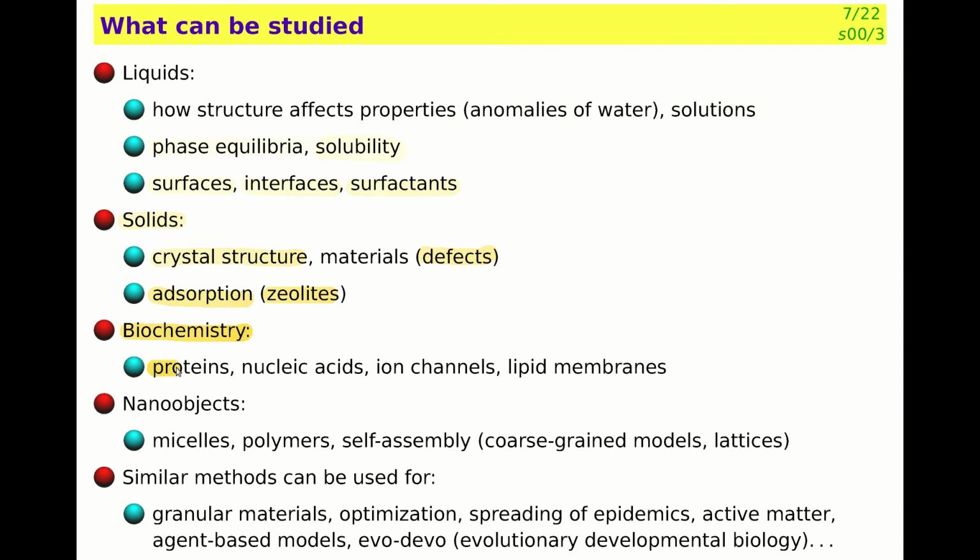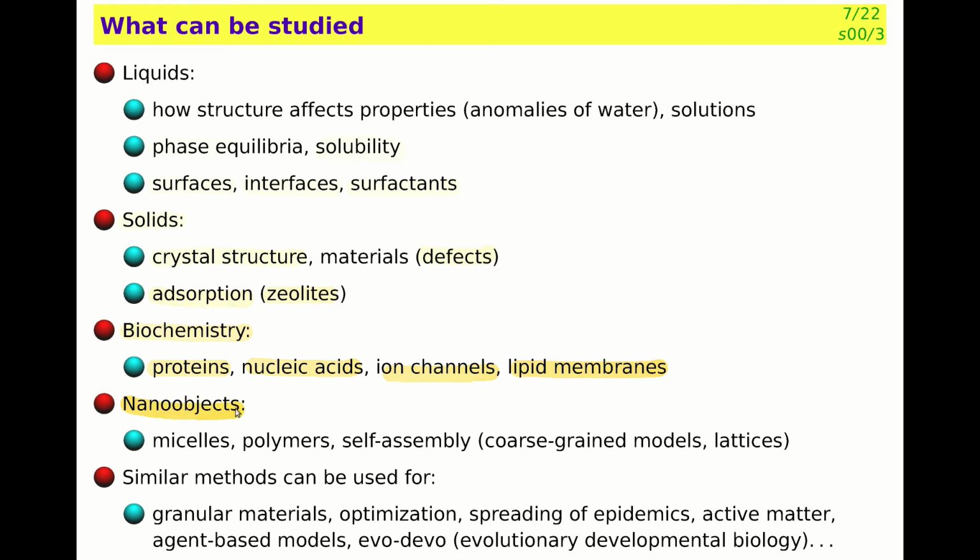We can simulate proteins, nucleic acids, and stuff like ion channels, lipid membranes, and also, as I've already said, enzymes, and all this stuff which is important for our understanding of what's going on in living cells.